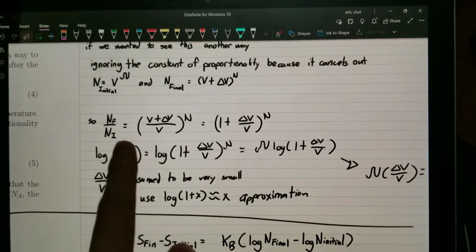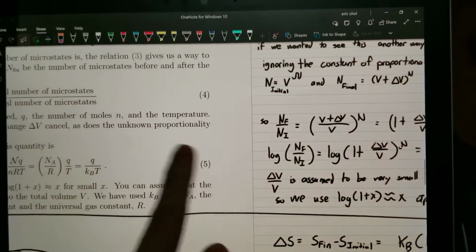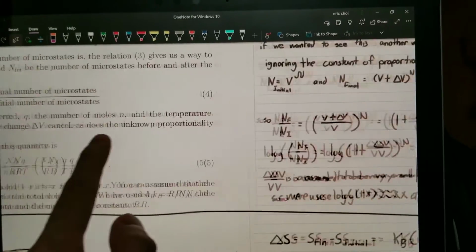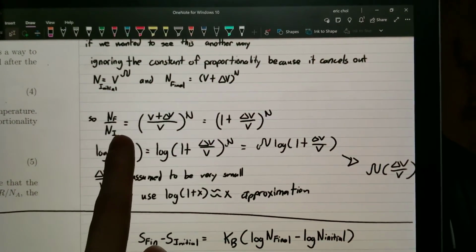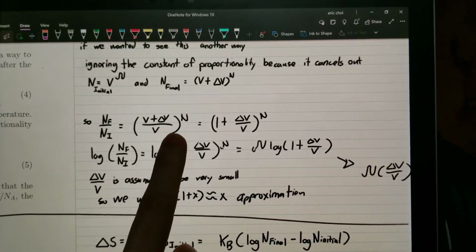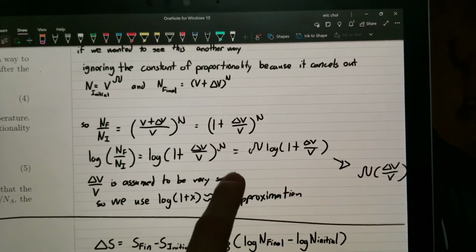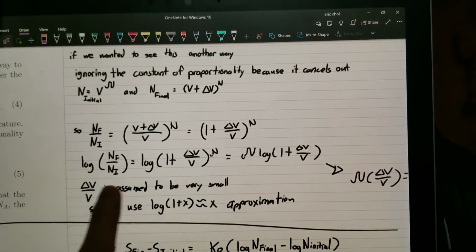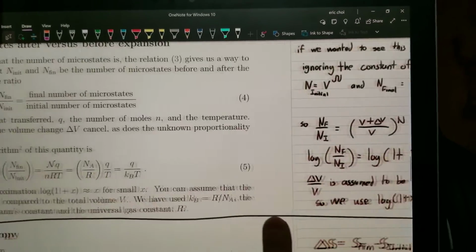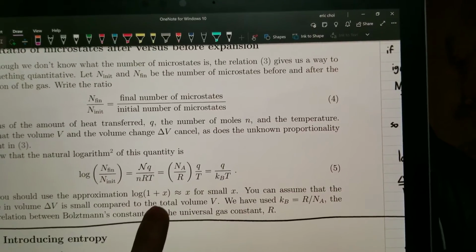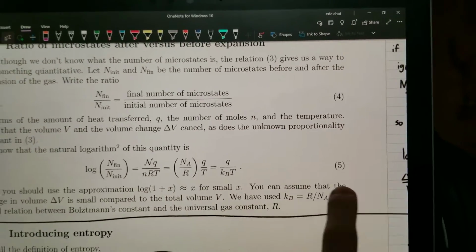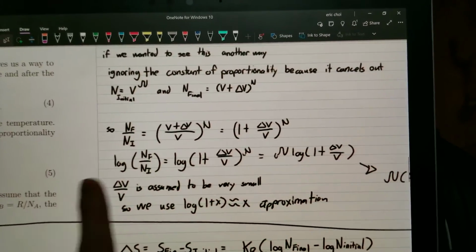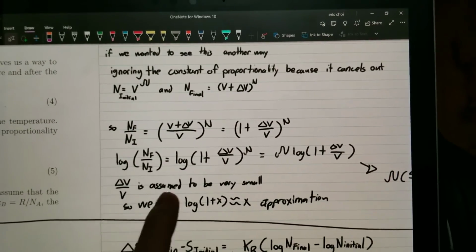And if we actually try to create that in the same form of this ratio right here, it would end up as something like this. (V plus delta V) over V to the power of n, and it becomes 1 plus delta V over V. If you were reading the problem and you were wondering where this step came in, this is the whole entire reason I'm showing you this diagram of how it would work out.